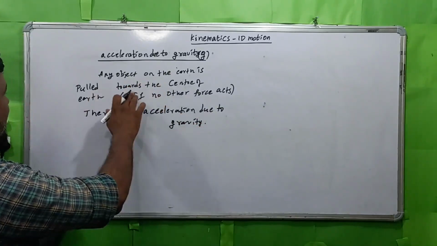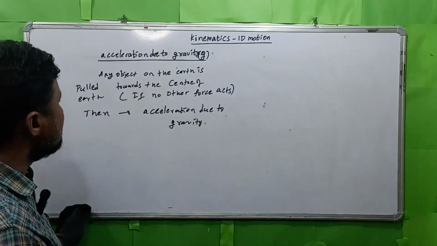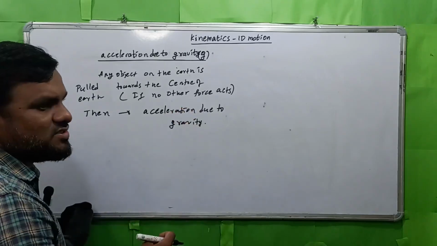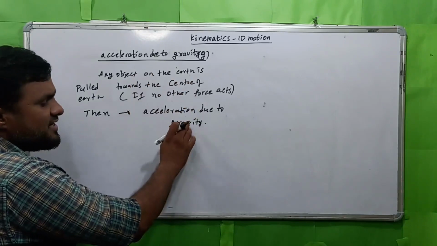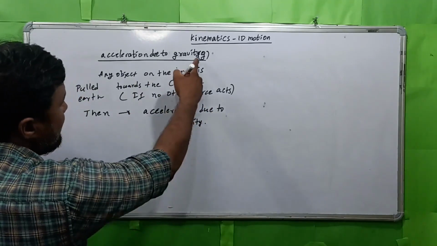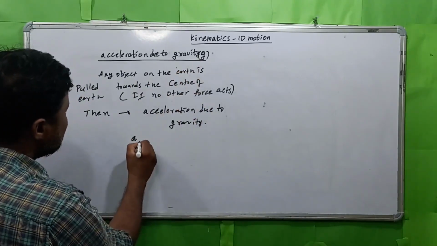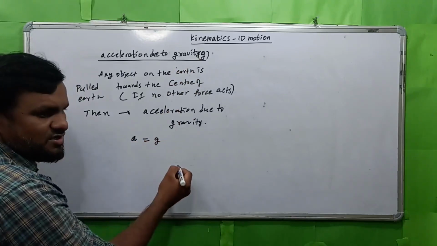Any object on the earth is pulled towards the center of the earth. If no other force acts, then the motion of the body is known as acceleration due to gravity, denoted by letter g. So acceleration a is equal to g actually.